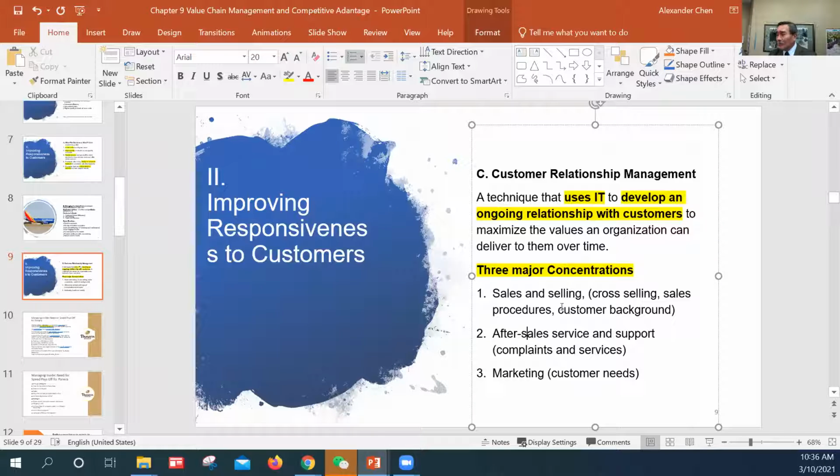Let's talk about the first one, the sales and the selling procedure. In the selling procedure and the sales, one of the concepts is very important. That is cross-sell ratio. Anyone remember what cross-sell ratio is? Then let me refresh you. We talked about a company in the ethical chapter, Wells Fargo, the bank.